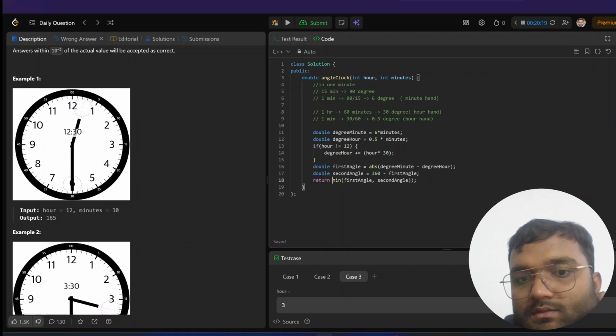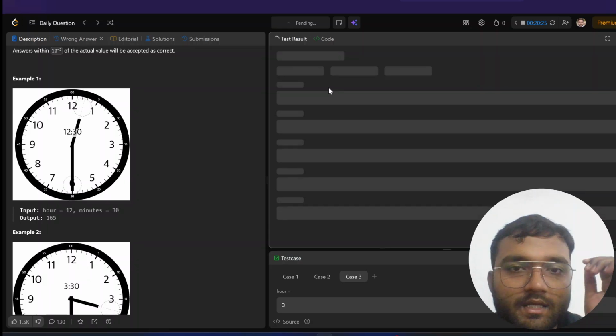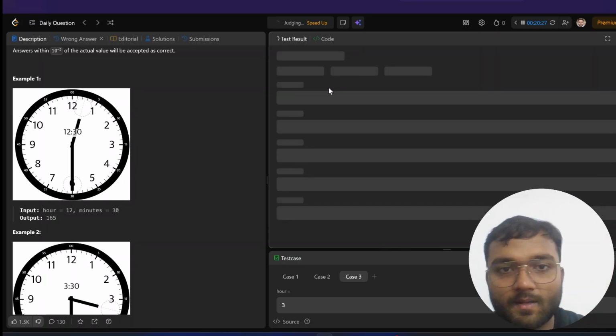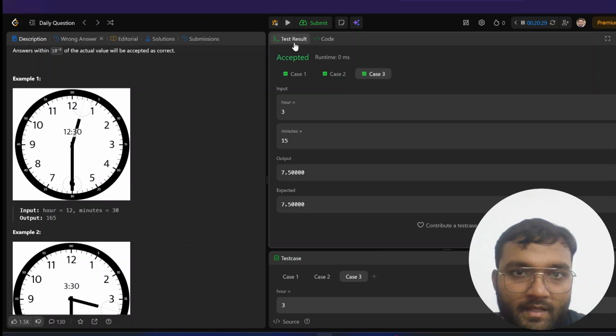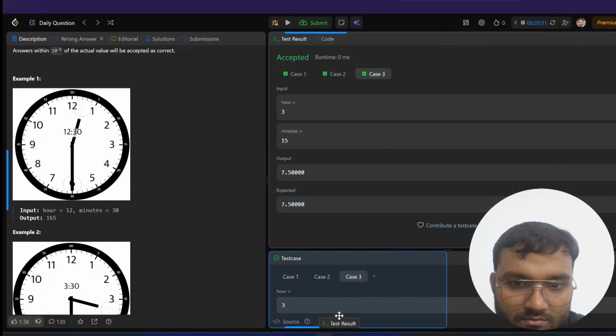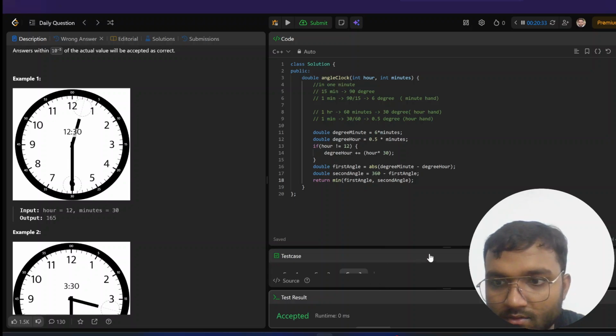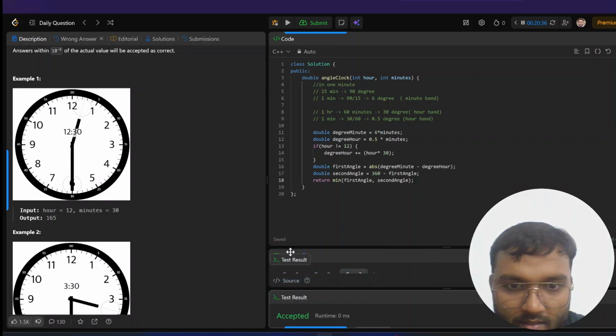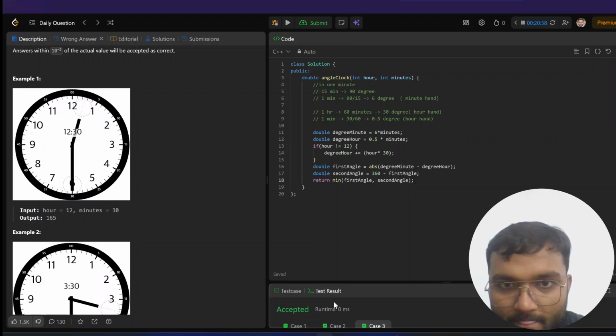I think this will work. Why is this running here? Can you run at this position? Add right here. Okay.